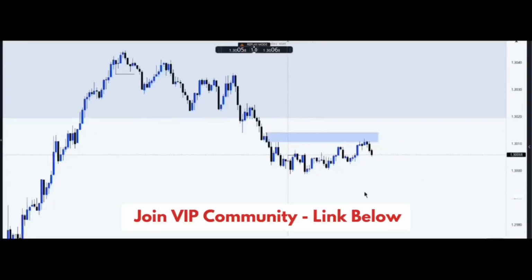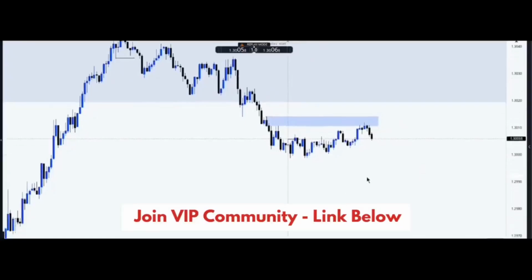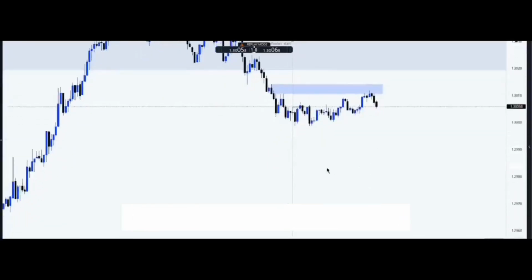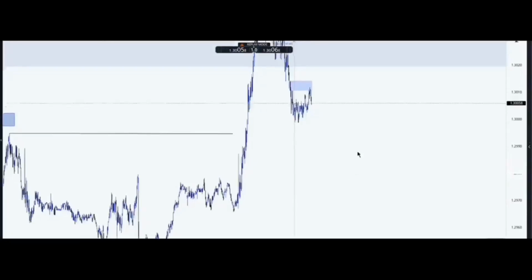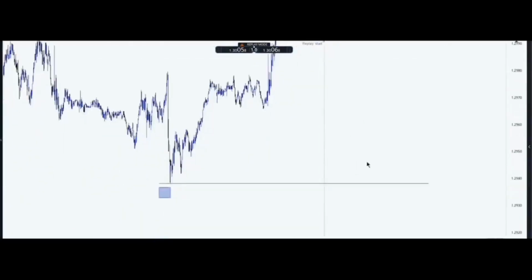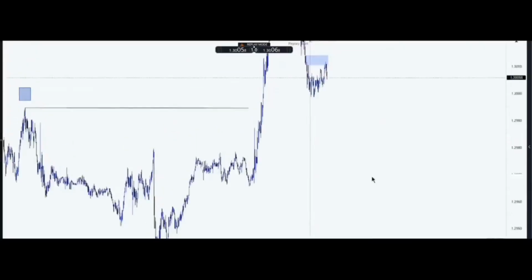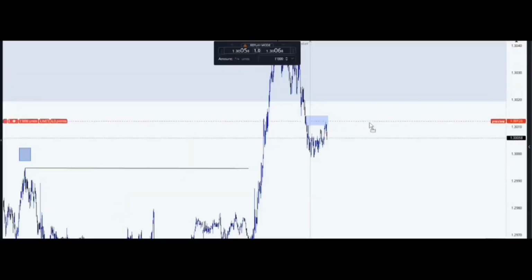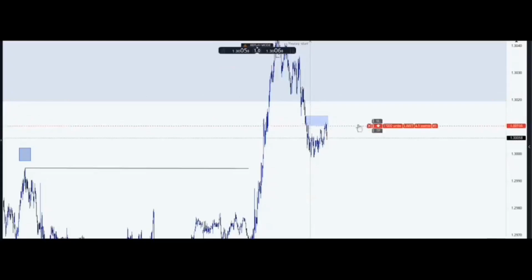Now, where is our target? Of course, our target will be where we have our 1 hour change of character. Okay, so this is our change of character here. So we can place a sell trade here, and our stop loss just above.